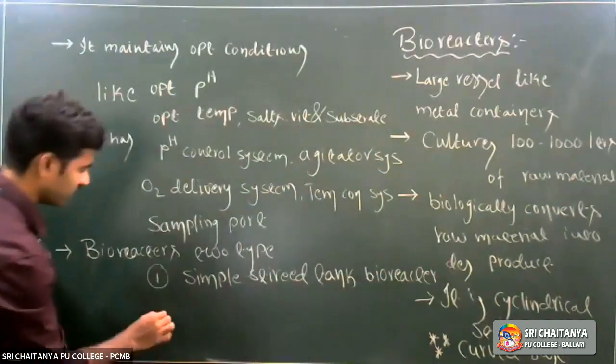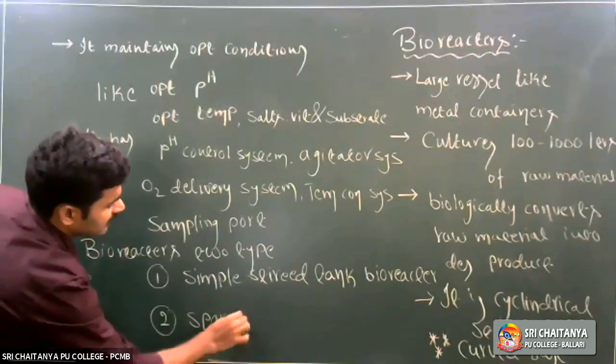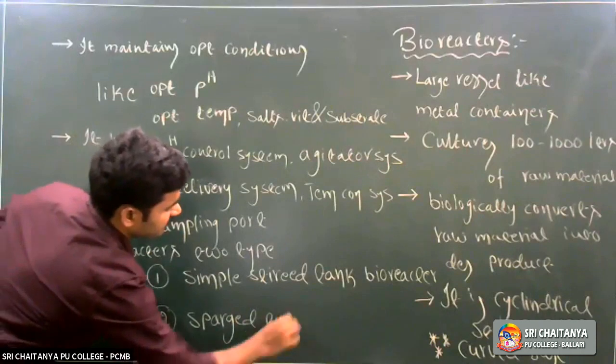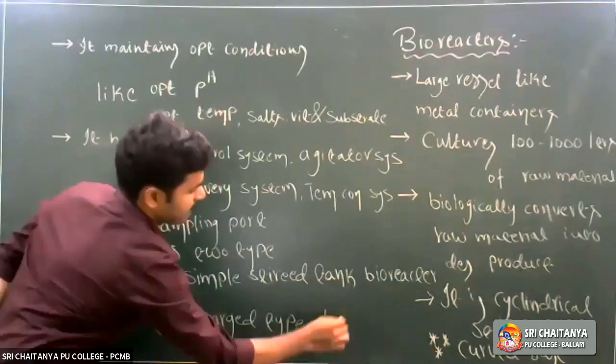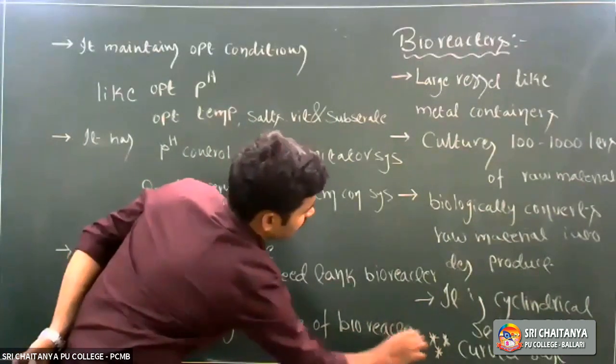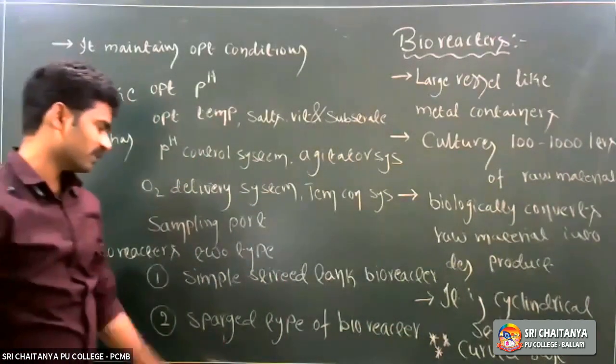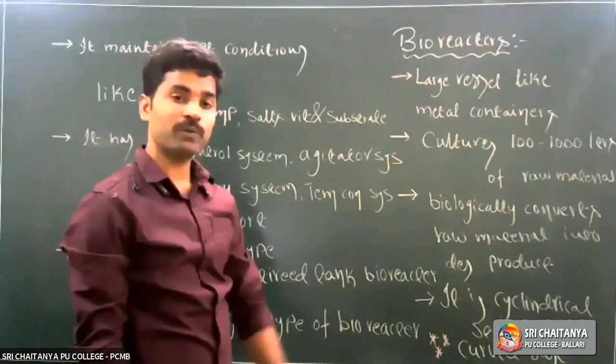And second one is sparged type of bioreactor. So first one is simple stirred tank bioreactor, second one is sparged type of bioreactor.